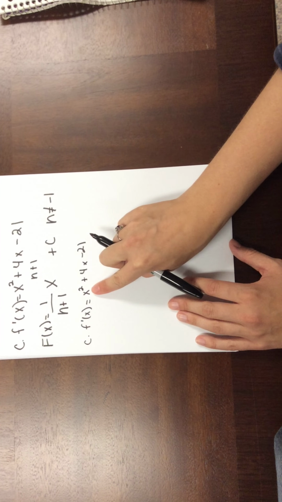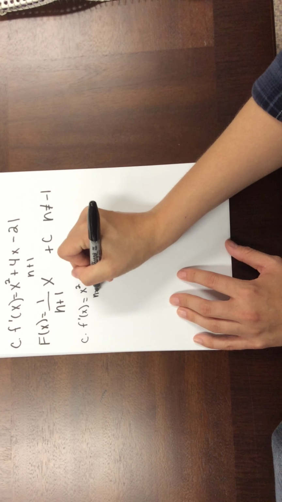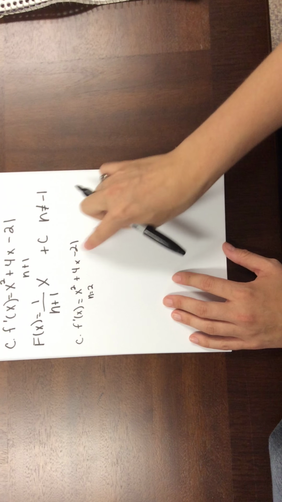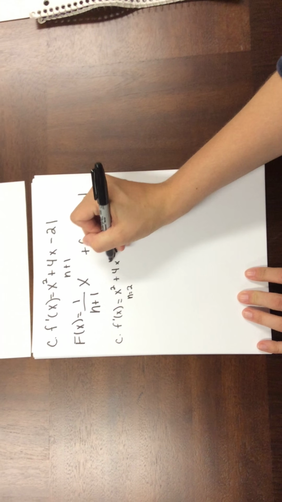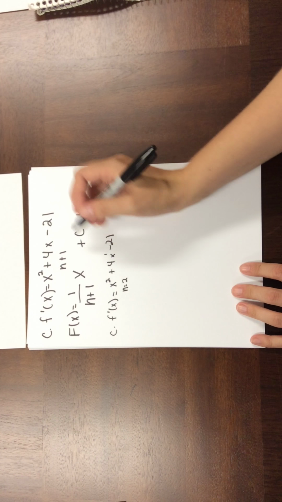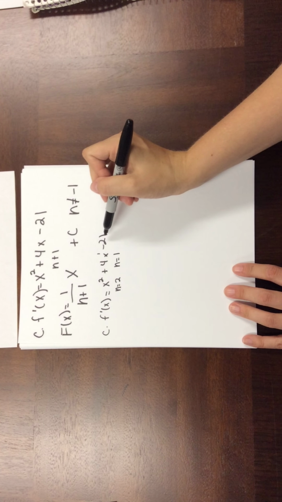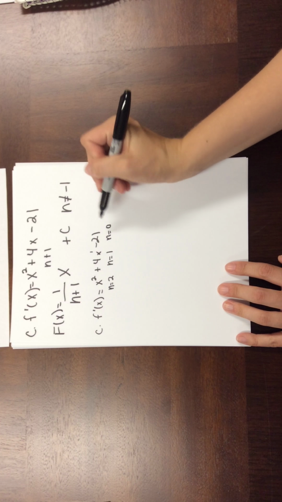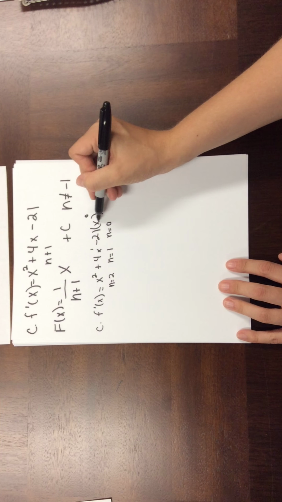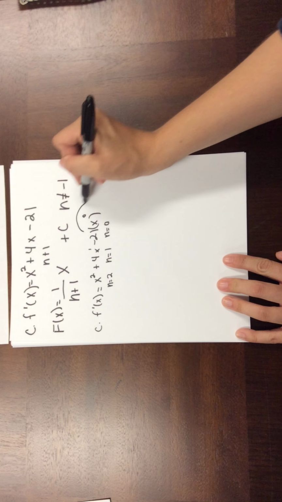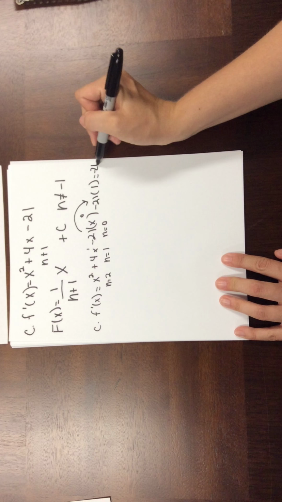So in this x squared, n is going to equal 2. Because we do each part separately, just like we would do the derivative of the sum rule, 4x, you can imagine that we have that raised to the 1. So n is equal to 1. And in the negative 21, n is 0, because if you had x here, and you raise it to the 0, anything raised to the 0 power is 1. So then you would have a negative 21 times 1, which is still a negative 21.